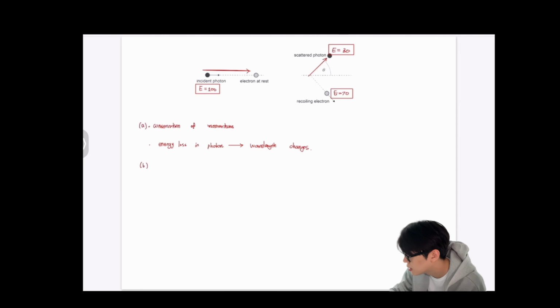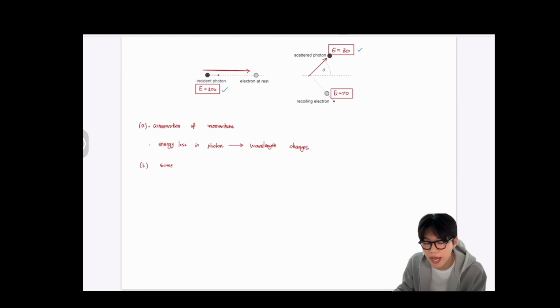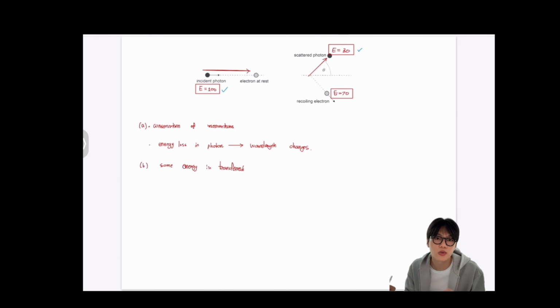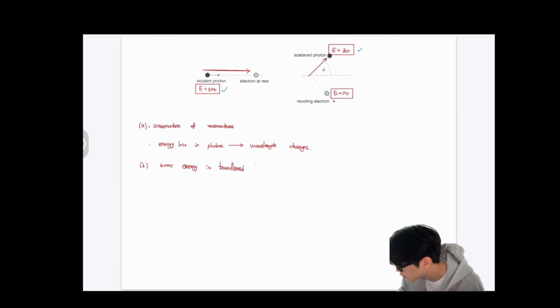Something like that. Then if you see only the photon, it has initially 100 of energy, but now we have 30 of the energy. Okay, so the energy has decreased. So I can say some of the energy is transferred from the incident photon to the recoiling electron.